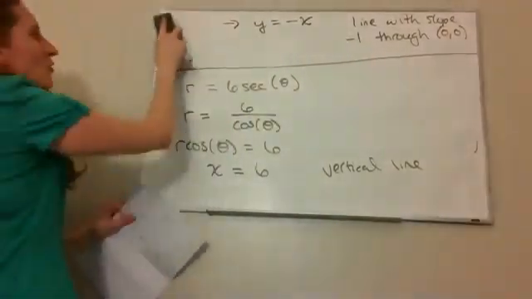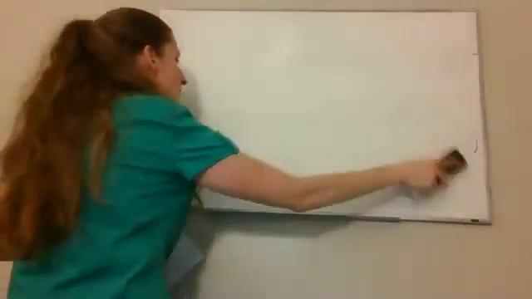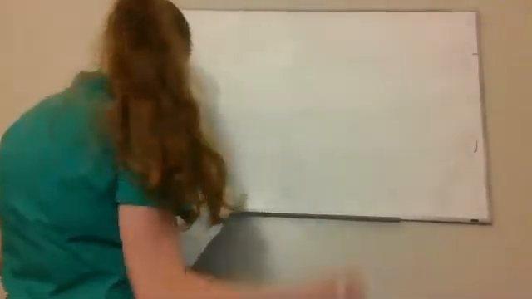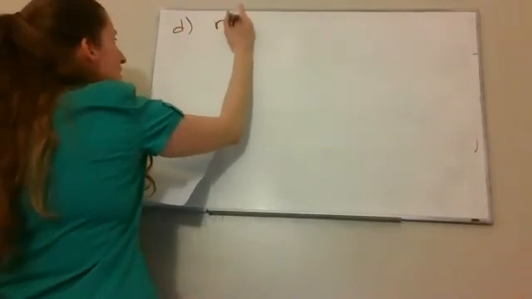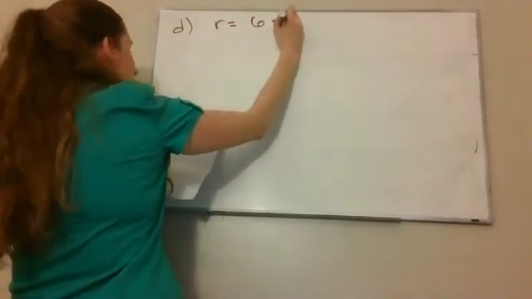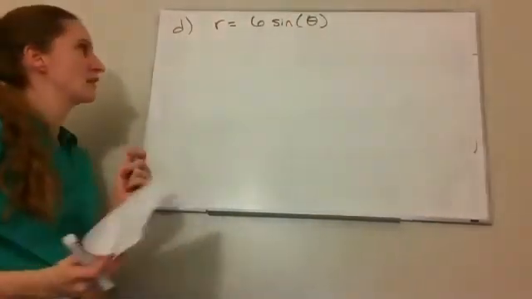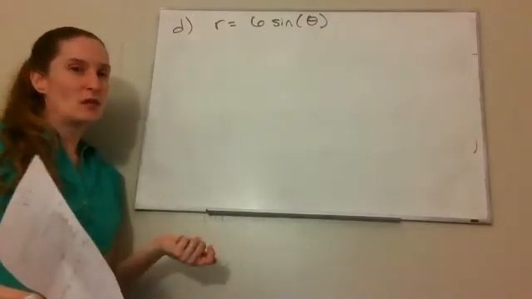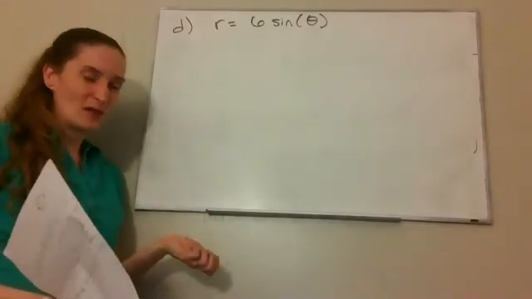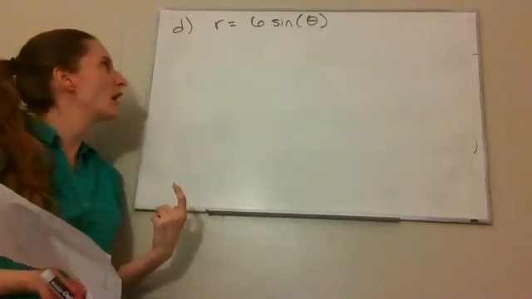And just one more to finish up this example. Let's take the equation r equals 6 sine of theta, and we'll try to convert it into x's and y's. Now this one again uses both r's and thetas, so I'm going to want to somehow convert this to x's and y's.